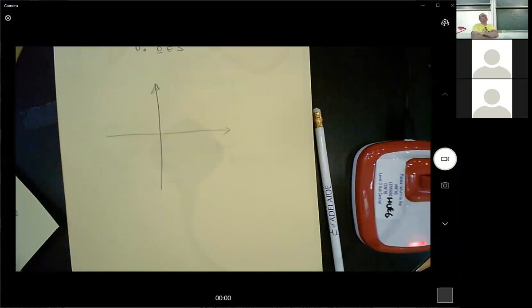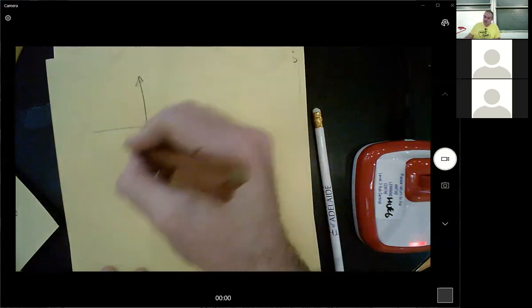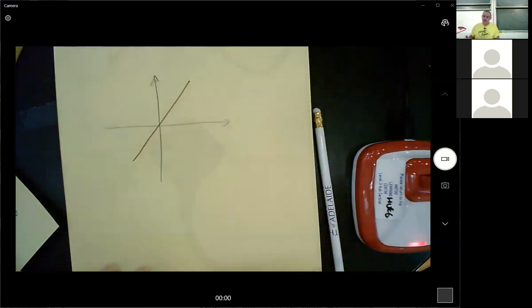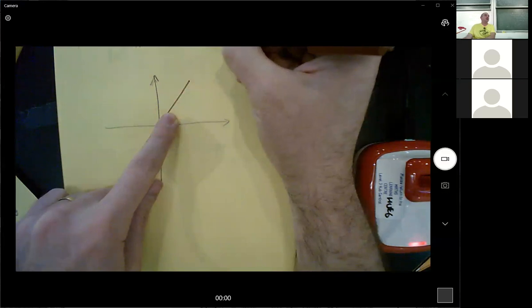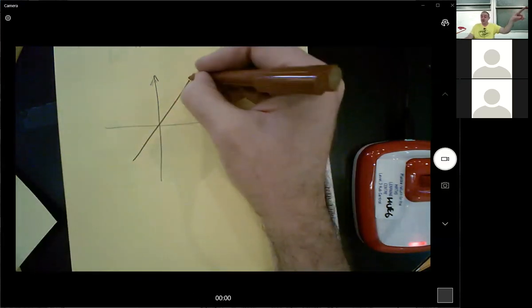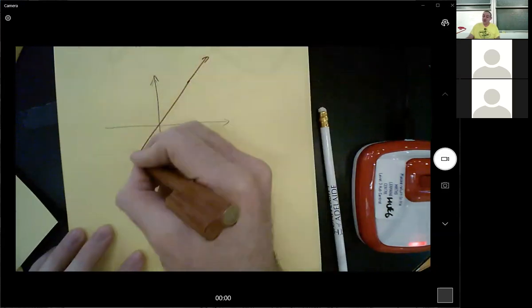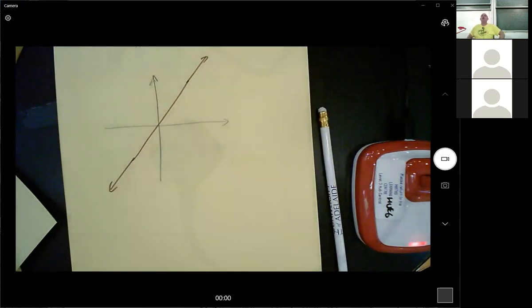Like a line that doesn't go forever. Okay, so I have to satisfy the scalar rule. So you're telling me if it doesn't go forever, that's going to break the scalar rule, because if I pick a point on it and have a big enough number, it'll fall off the end. So what Tom has told me is that if it's going to have any points in it at all, and it satisfies the scalar multiplication rule, it's going to have the entire infinite line.